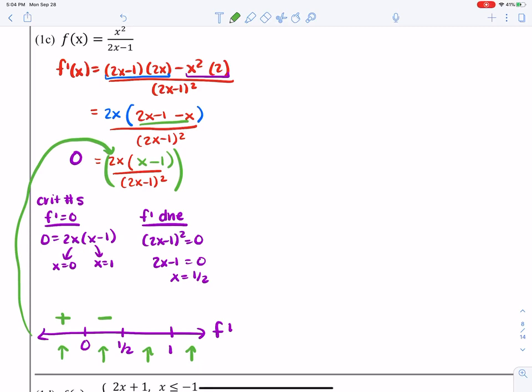If I plug in 3/4, denominator is going to be positive. I'll have a positive number times a negative number, which will be negative. And then if I plug in a number bigger than 1, like 2, denominator is positive, numerator is positive, and we should get positive. So what that tells me is f is going to increase, then decrease some more, and then increase.